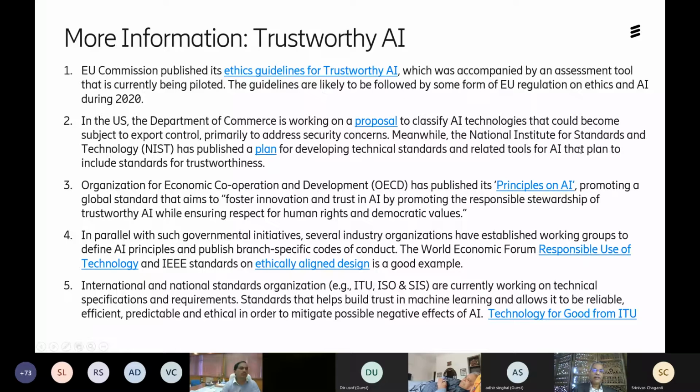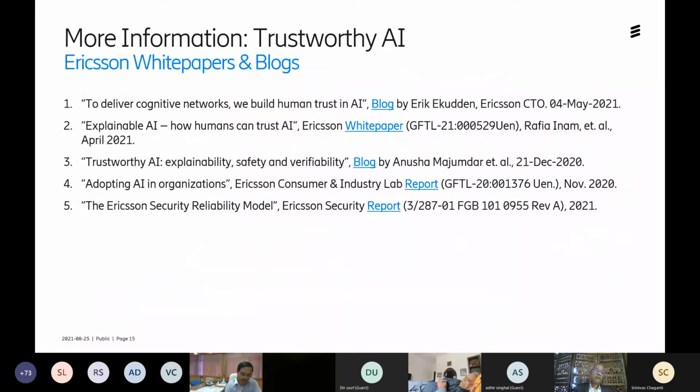So that, I think, closes my presentation. I do have a set of references at the end of it, some of which that you are finding here are all documents, reports, guidelines that have come from industry regulators, governments, etc. Whereas the last slide that I have here on references is a set of references from Ericsson itself, the white papers and blogs that we have published on trustworthiness and its applicability to telecom.